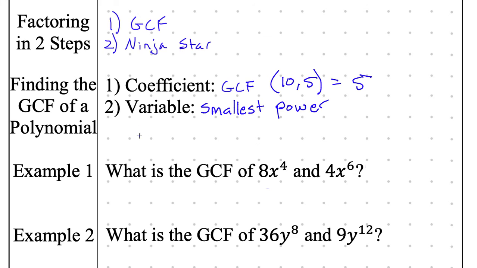So let's say I had x times x times x times x. So I have 4 x's there, and I was adding x times x. Again, I'm trying to think of what is the greatest common factor of these. Well, I have 2 x's there, and I have another 2 x's there, so the greatest common factor is 2 x's there.